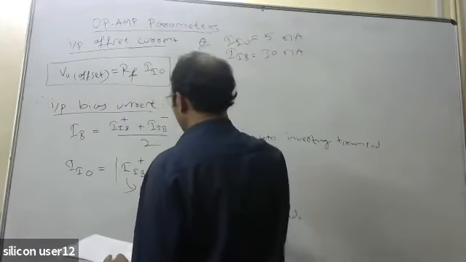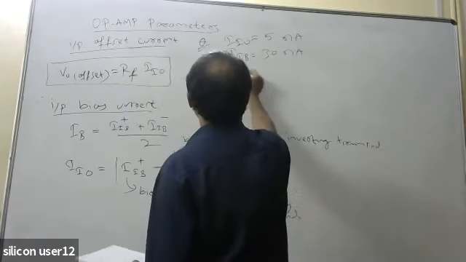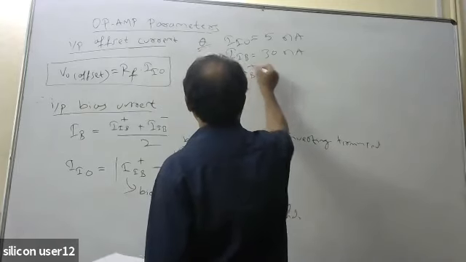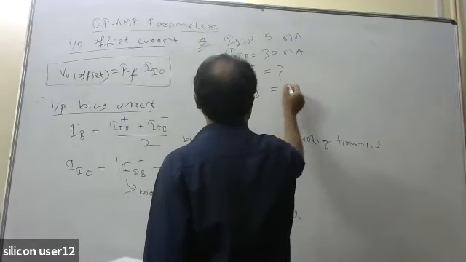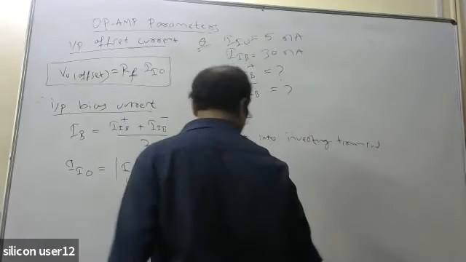Find out the bias currents. IIB plus equal to how much? IIB minus equal to how much? These two things it is asking.